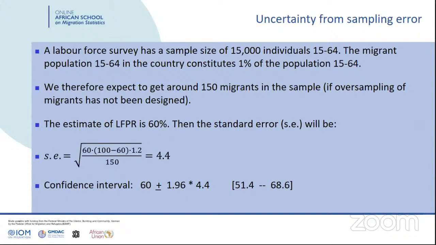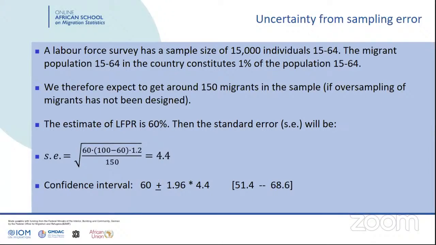The migrant population in the country is 1% of the population. If this is just a plain ordinary labor force survey where no consideration has been taken to oversample migrants, then we can expect to get only 150 migrants in the sample.